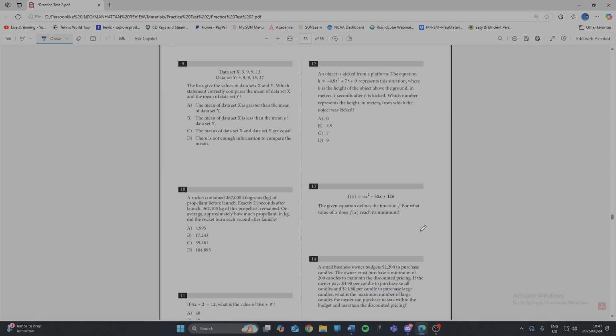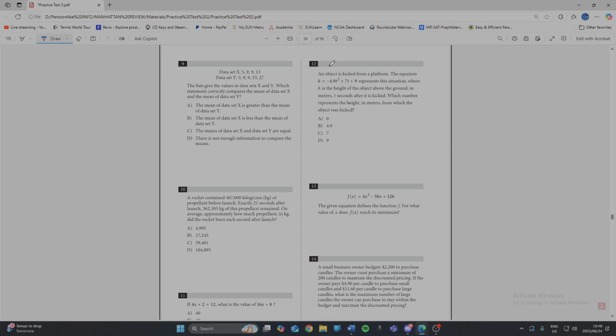Okay, a data question. Number 9. It gives us a data set X and a data set Y. It says, the lists give the values in data sets X and Y, which statement correctly compares the mean of data set X and the mean of data set Y? The mean basically just refers to the average of each set.